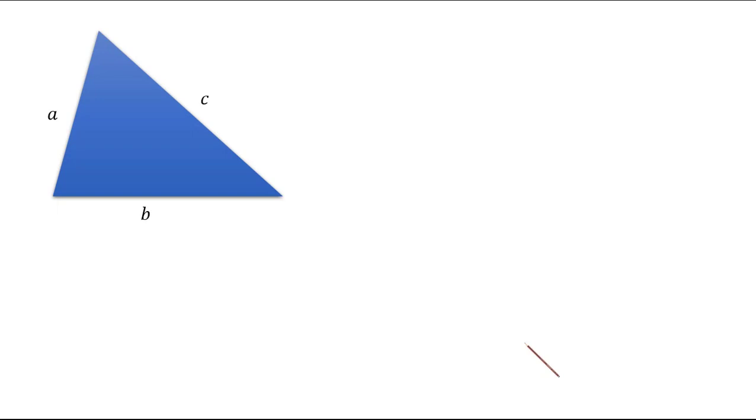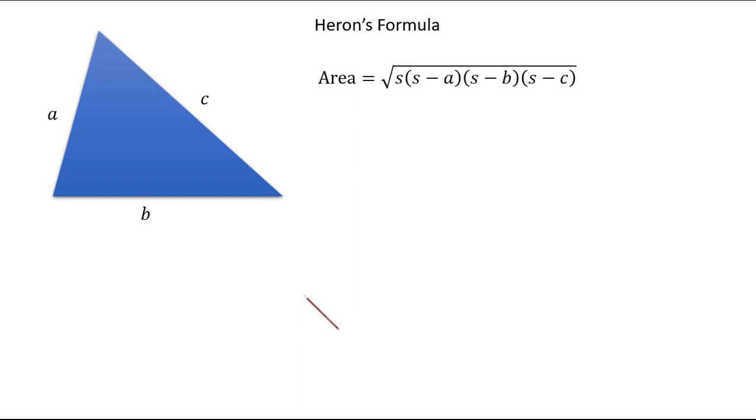Suppose we want to find the area of a triangle whose sides are a, b and c. There is a Heron's formula to find the area of the triangle, which goes as follows.